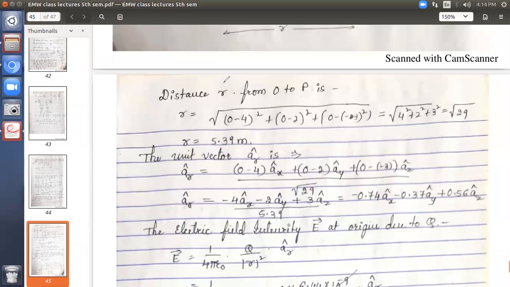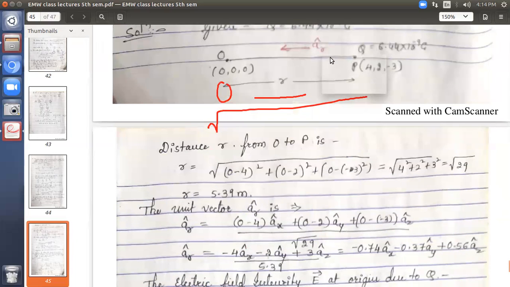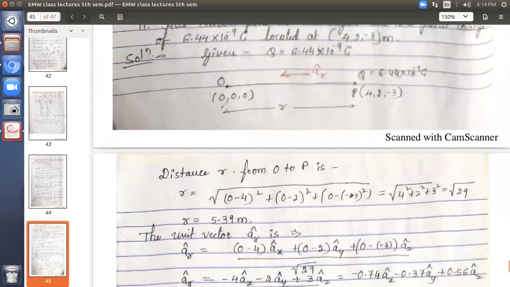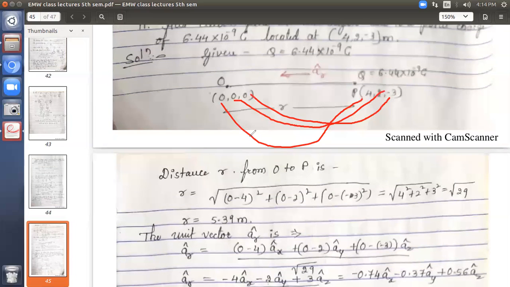Now the distance R from O to P, as I have told you, use the distance formula. R is equal to the square root of this minus this, x direction, y direction, z direction: 0 minus 4 square, 0 minus 2 square, 0 minus of minus 3 square.